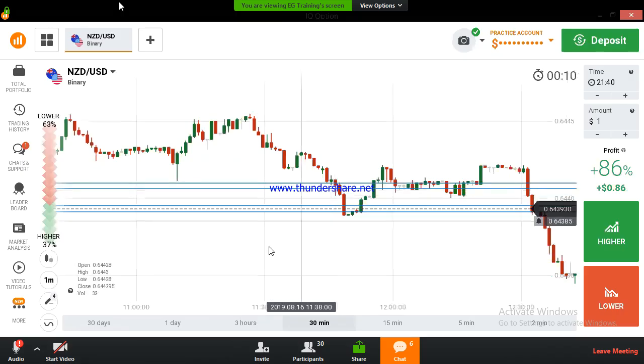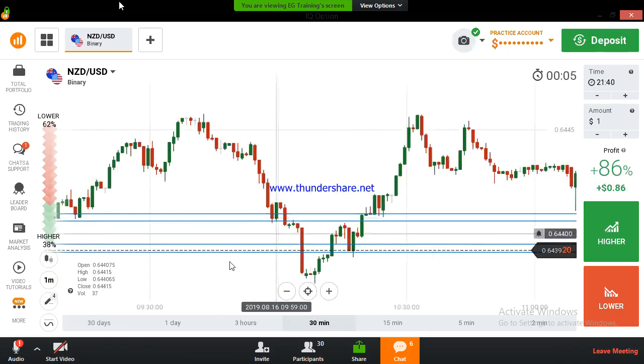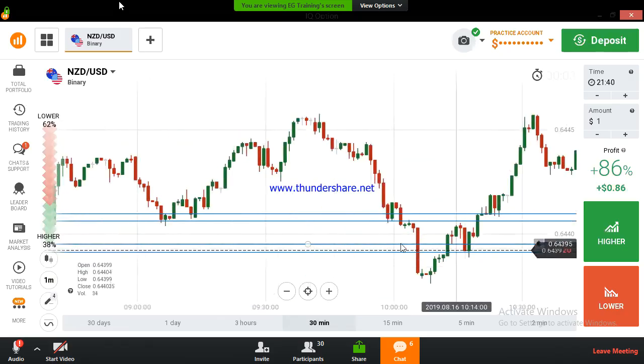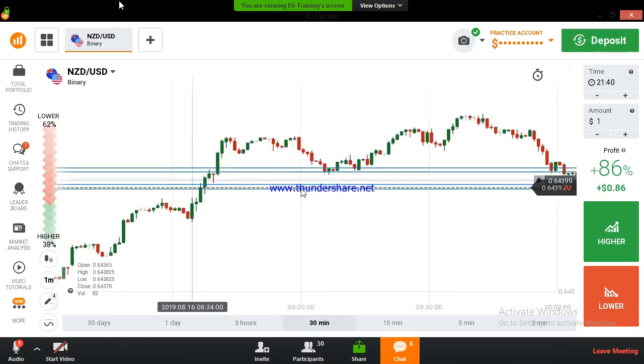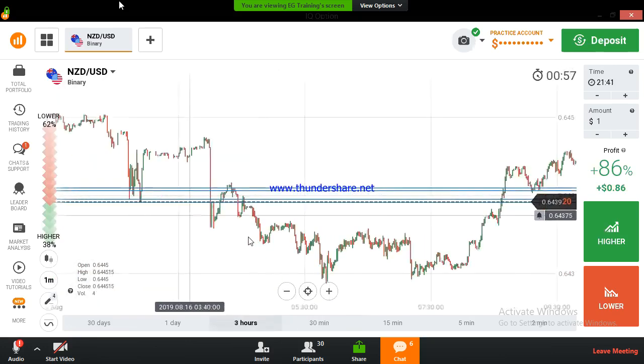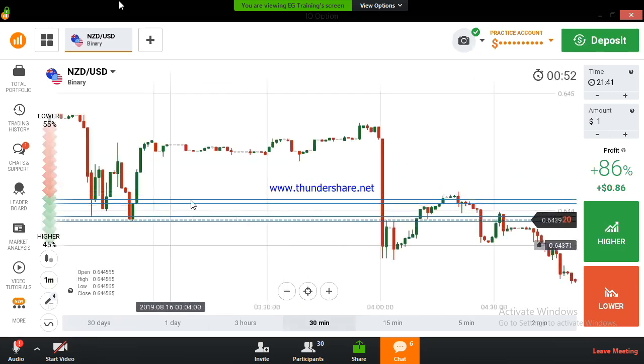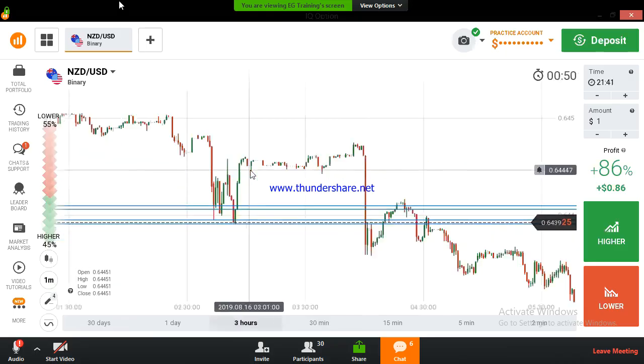Here also a reversal point, reversal point, reversal point. Here there are some reversals. The above level is working as a strong level mostly. We are seeing so many reversals at this above level mostly.